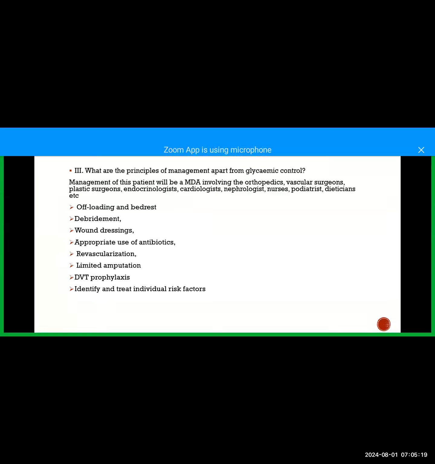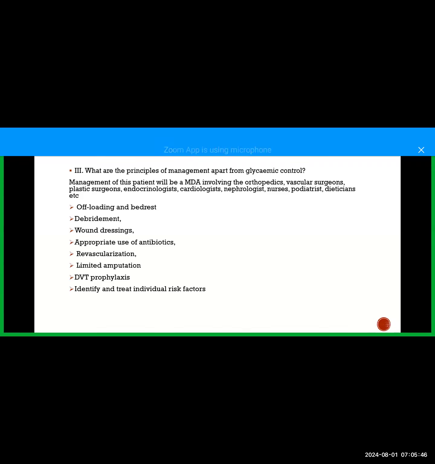Then debridement of the wound, which could be done by mechanical, autolytic, or biological means. Also wound dressing, appropriate use of antibiotics, and revascularization for patients that have vascular compromise; peripheral vascular bypass surgery can also be done. Then limb-limited amputation, and DVT prophylaxis, because patients will likely be on prolonged bed rest.